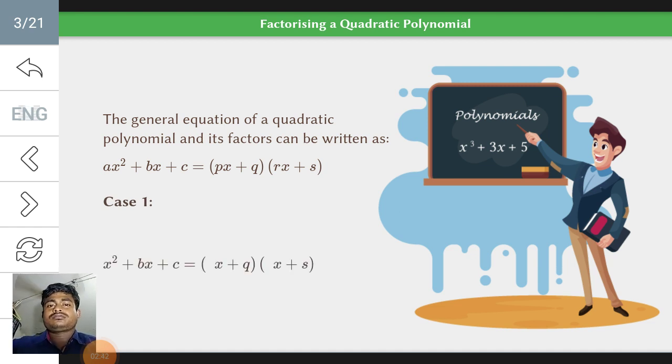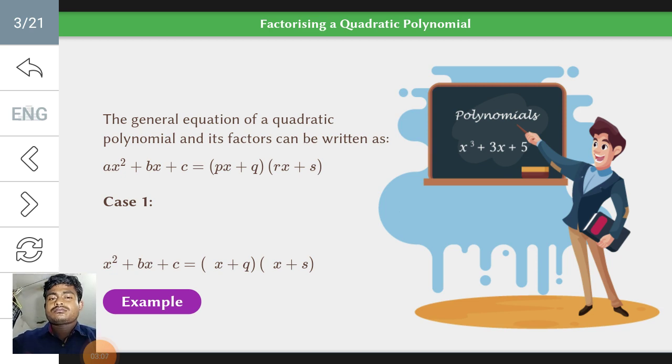If the polynomial's highest power term, x squared in this case, has the coefficient 1, we can factorize it in the form (x plus q)(x plus s). That is, the x terms in the factors will also have the coefficient 1. Tap the button to understand this better with an example.